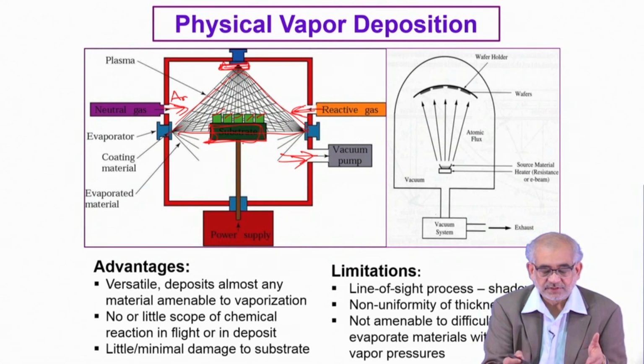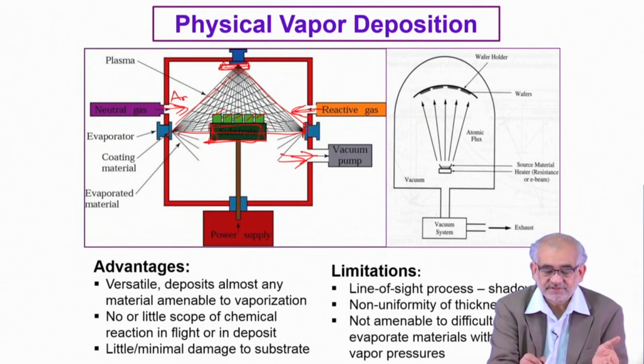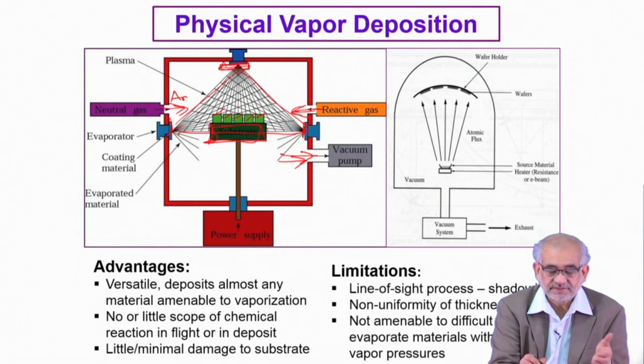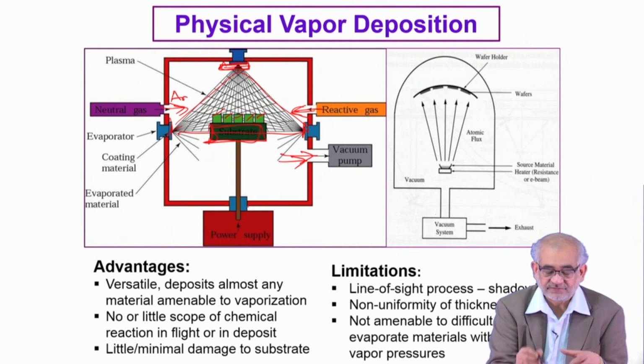So when you evaporate thermally, say from these regions, by applying a certain amount of potential inside, you can also create a plasma, and that plasma can make the deposition process more efficient.